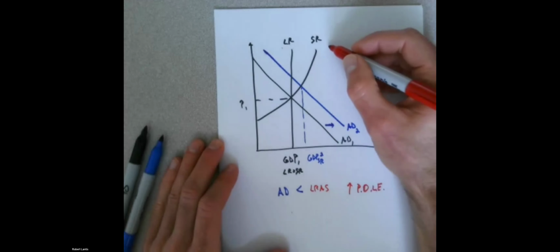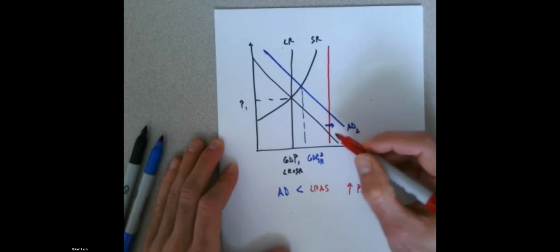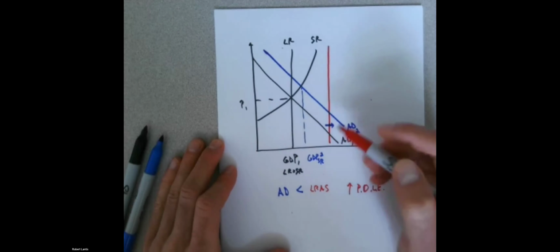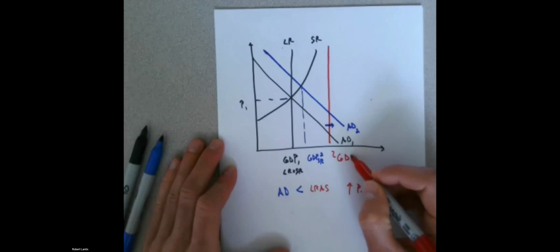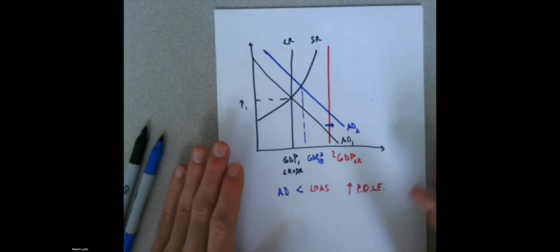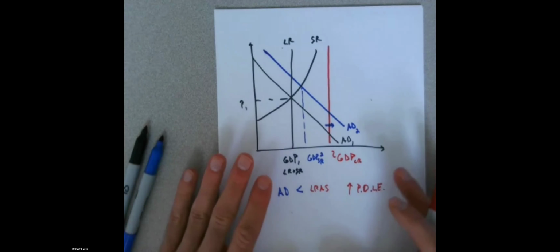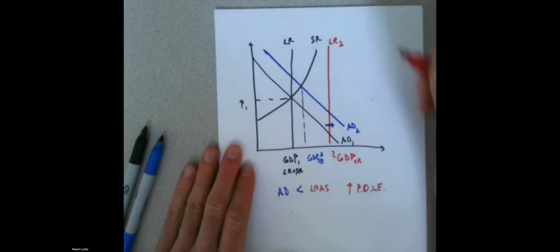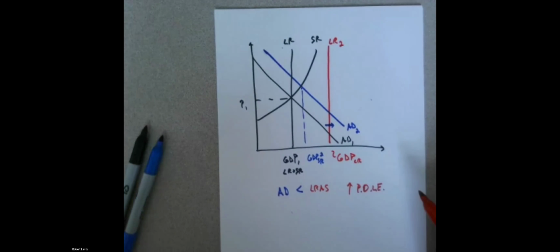Well, if that's the case, where should this new long run GDP be? Once again, just for simplicity, I'll shut down the short run aggregate supply curve change, just to make this easier to see. So where would the new long run level be?